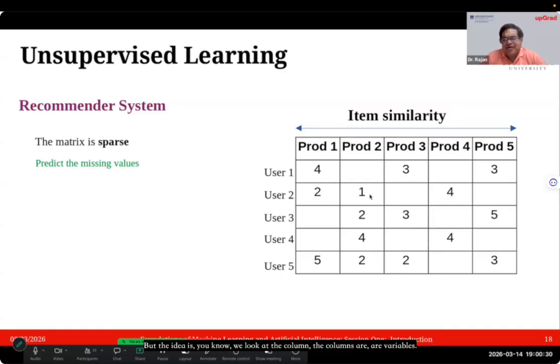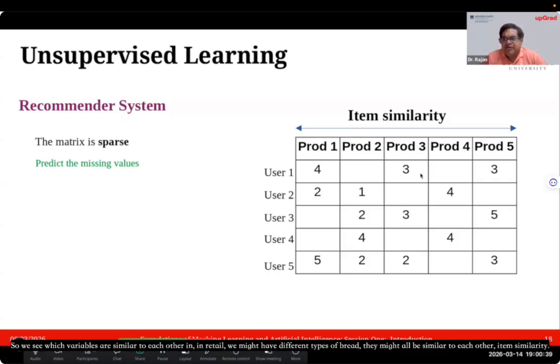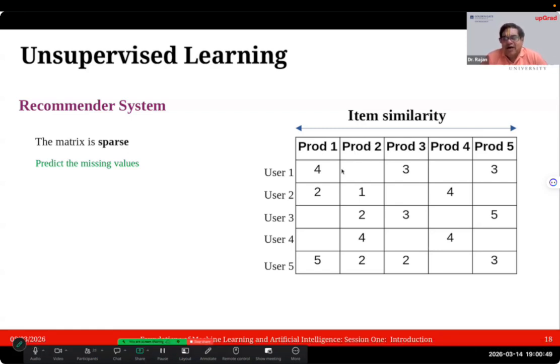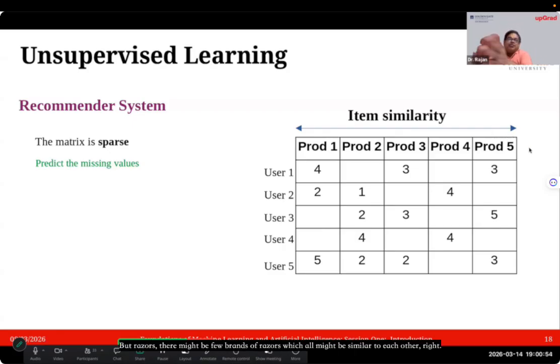The columns are variables; in this context, we call them items. So we see which variables are similar to each other. In retail, we might have different types of bread. They might all be similar to each other. Obviously, they are very different from razors. But there might be a few brands of razors which are all similar to each other. So we could look at what is called item similarity.